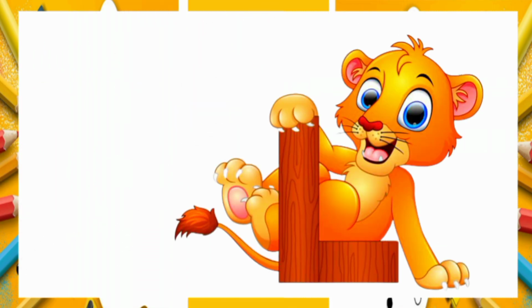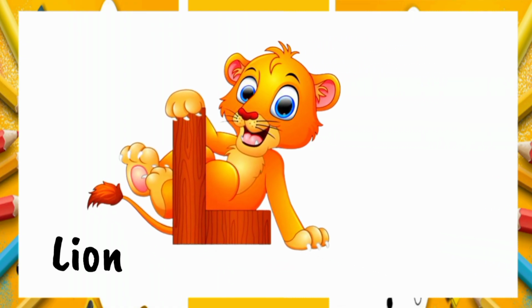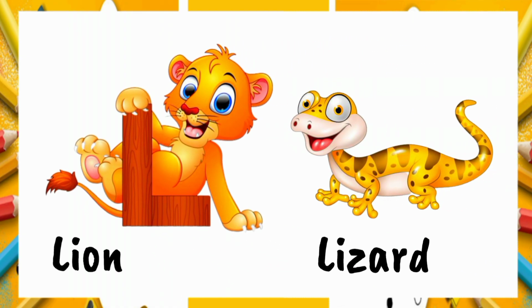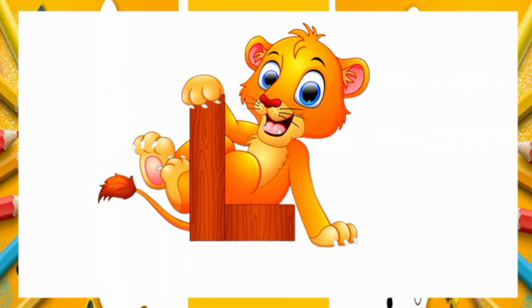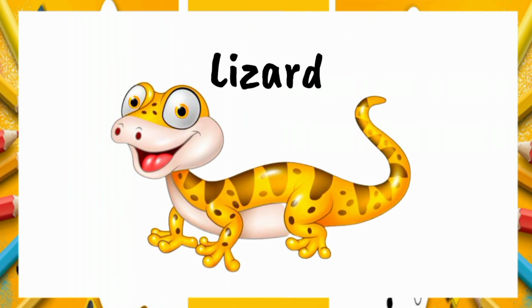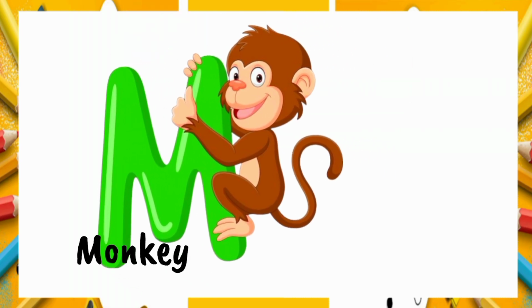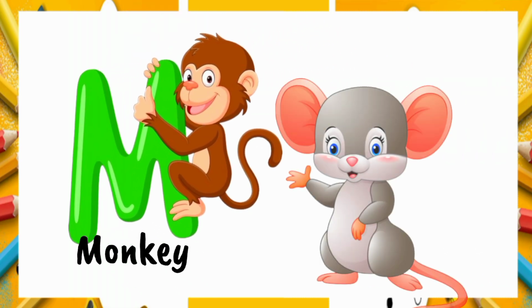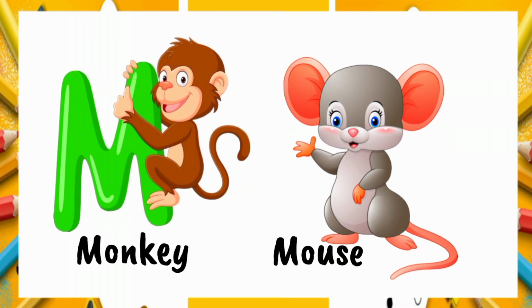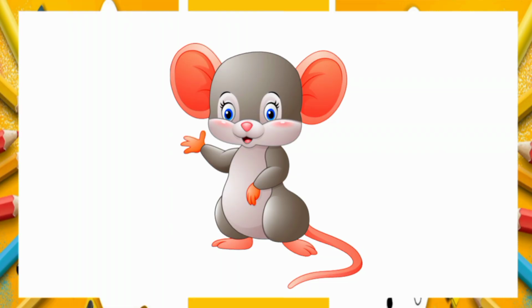Kite. L is for lion. L is for lizard. Lion. Lizard. M is for monkey. M is for mouse. Monkey. Mouse.